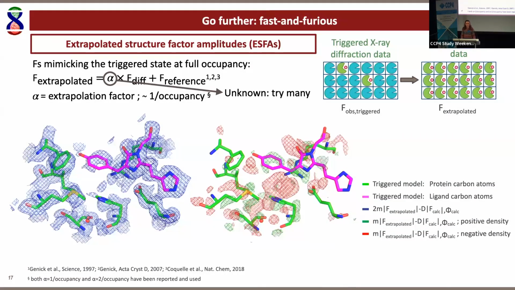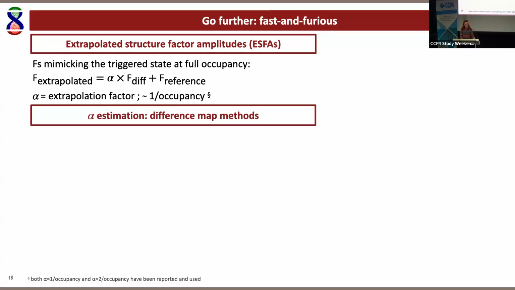So what we'll do is we'll calculate extrapolated structure factor amplitudes for many different alpha values. So for many different possible occupancies of that triggered state. And with those extrapolated structure factor amplitudes, we can then calculate these extrapolated maps all for different alpha values. And this will help us to estimate this true, or this best, alpha value for your data set.